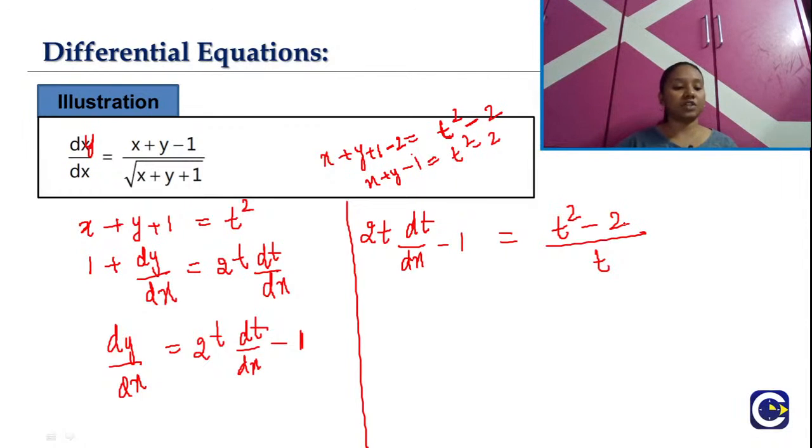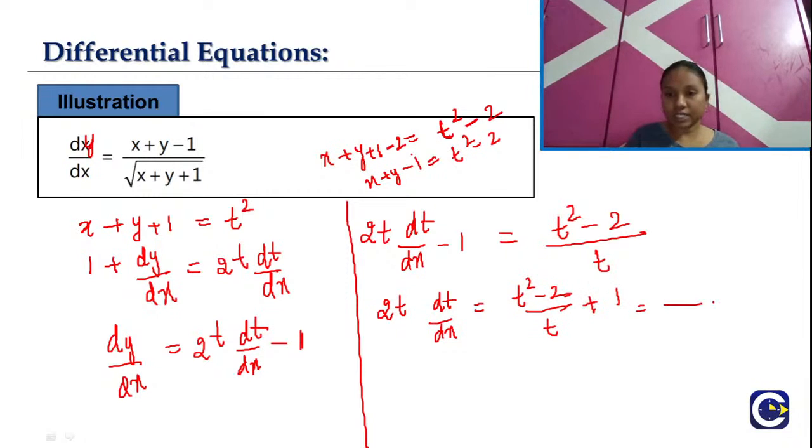So after the assumption and the differentiation, the substitution will be in the form of 2t dt by dx minus 1 equal to t square minus 2 divided by t. So now let's simplify this step by step. That is, 2t dt by dx will be equal to t square minus 2 by t plus 1.